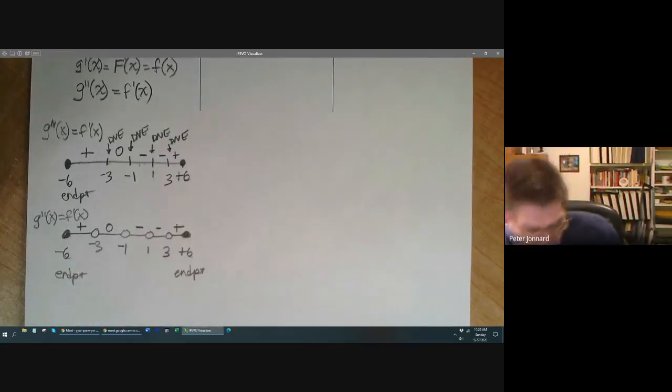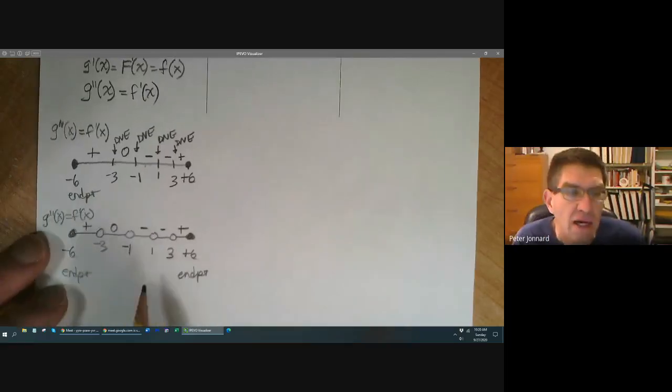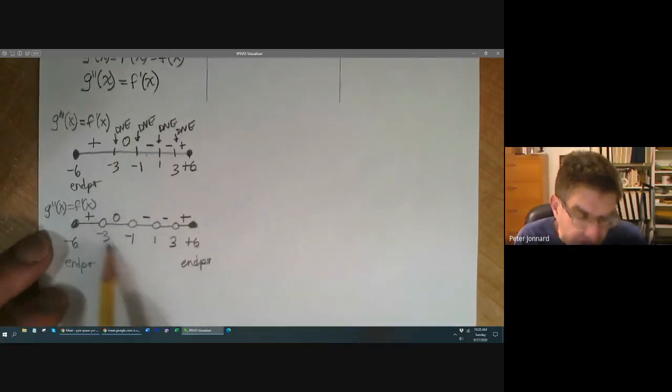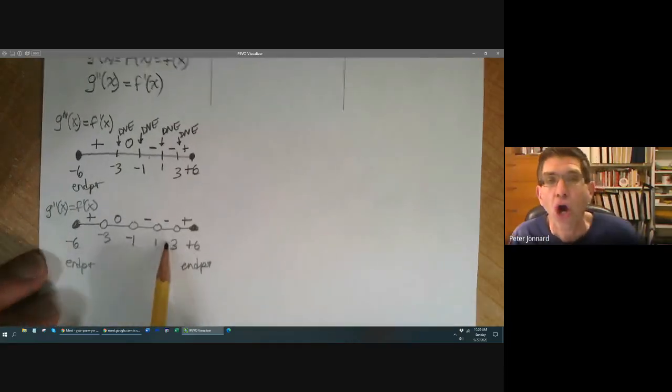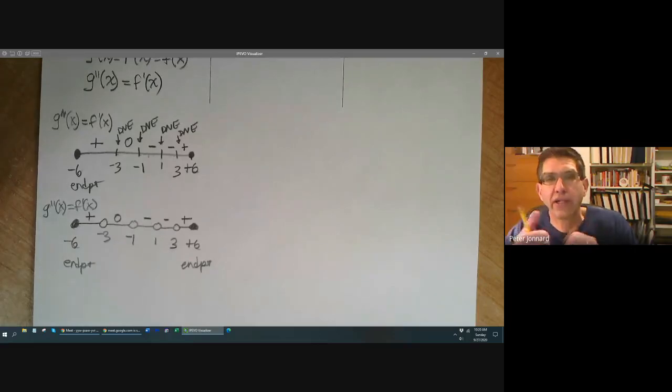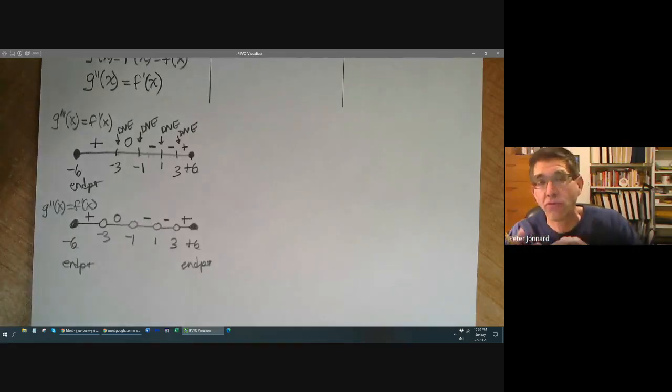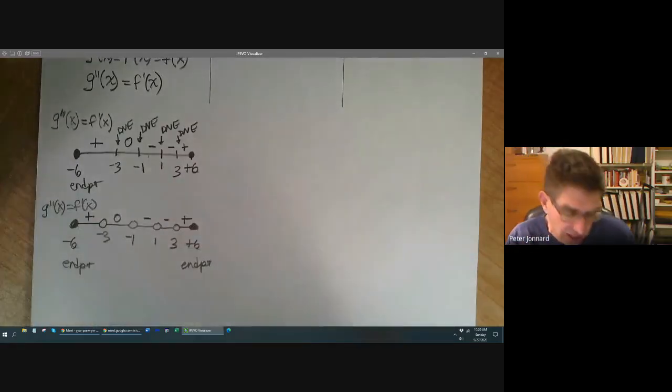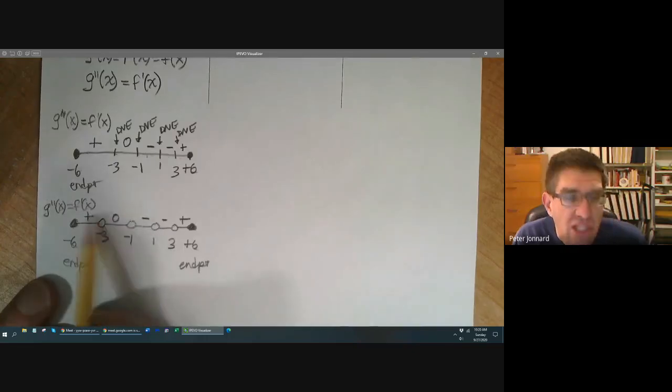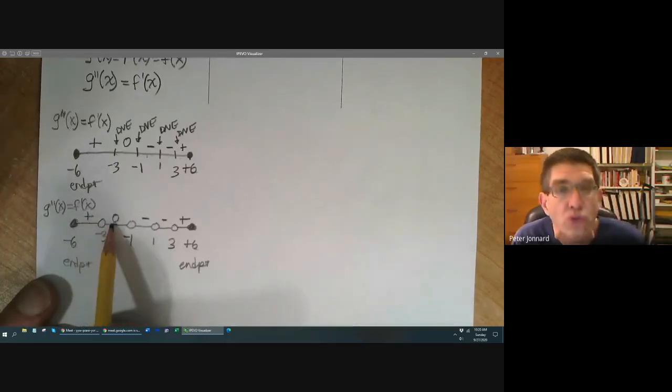All right, once you've successfully made a sign diagram of the second derivative of a function, all you look for is where it switches concavity. It has to go from a negative to a positive, or a positive to a negative. That's all there is. Here, it doesn't change sign. It goes from positive to neutral.